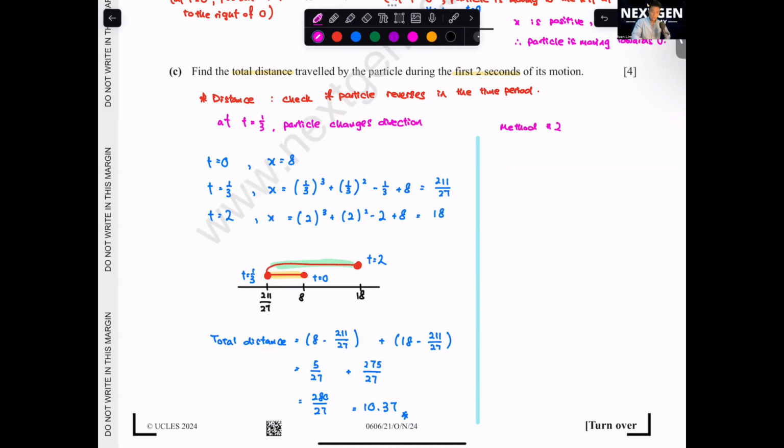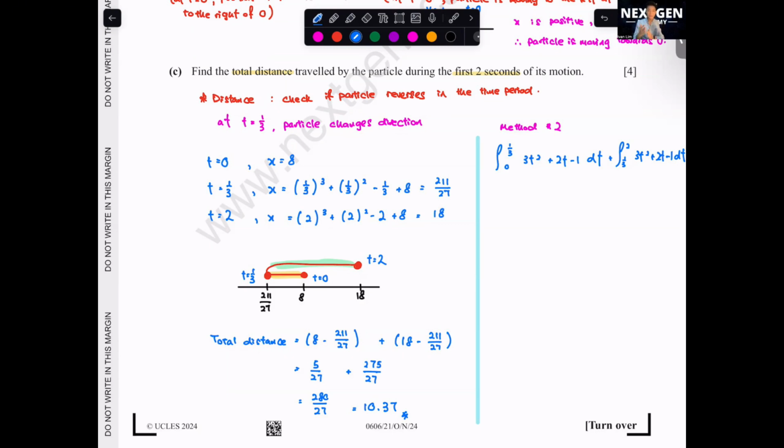Method number 2. I'll just write the equation down. You will integrate from 0 to 1 over 3, 3t squared plus 2t minus 1 dt, then plus 1 over 3 to 2, 3t squared plus 2t minus 1 dt. You have to separate both the equation because if you add it all up together from 0 to 2, you integrate it, you will get a net value.